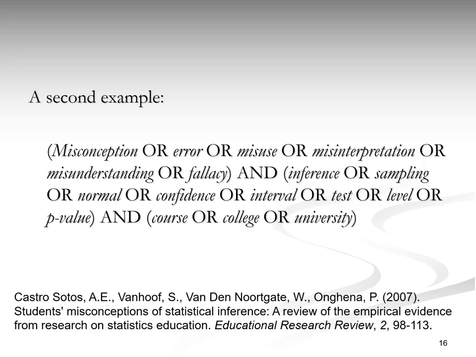And then the second group was inference or sampling or normal or confidence or interval or test or level or p-value. And then the last group was course or college or university. So again, here you can see that the use of the PICO model can help you to define keywords.